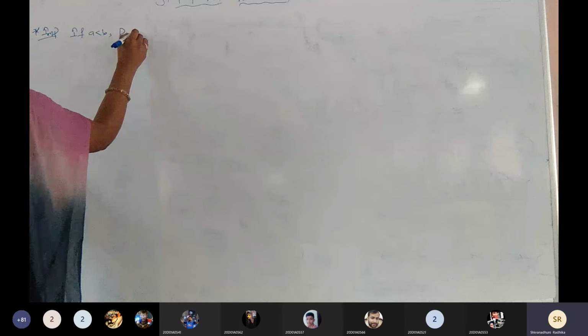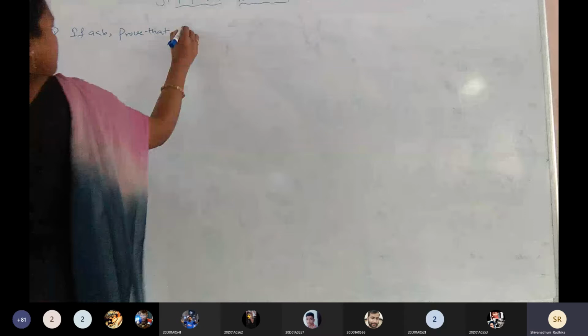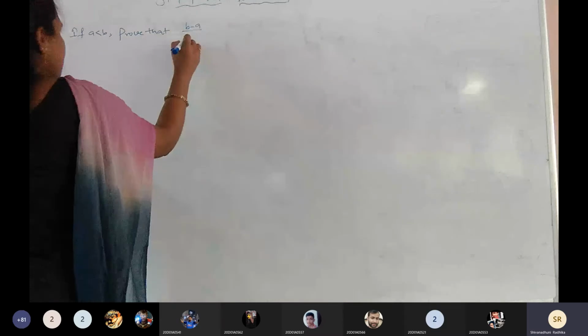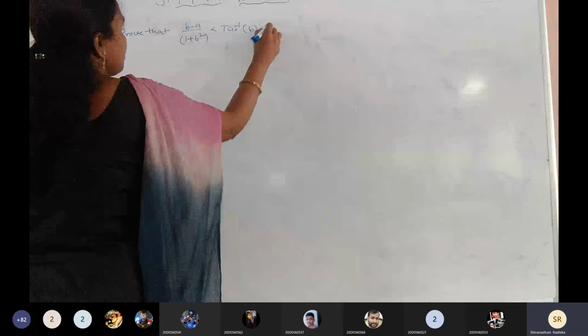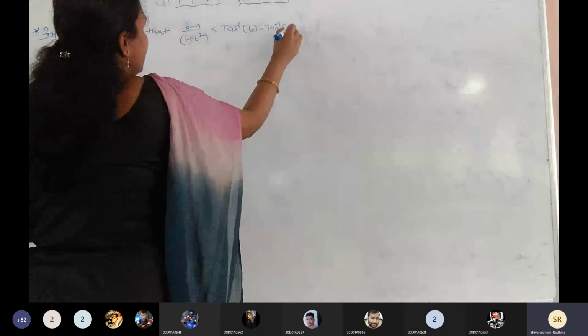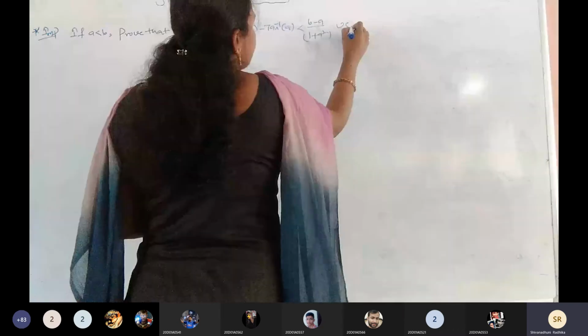If A less than B, prove that (B minus A) by (1 plus B square) is less than tan inverse of B minus tan inverse of A is less than (B minus A) by (1 plus A square), using Lagrange's theorem.